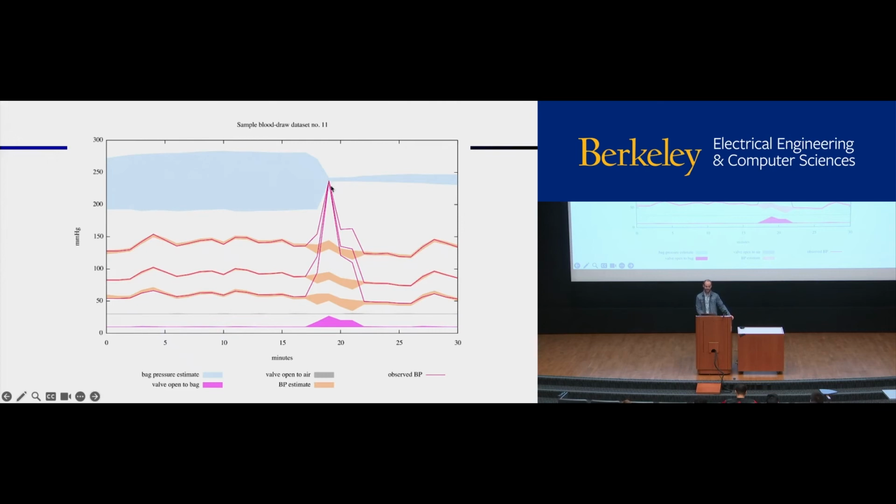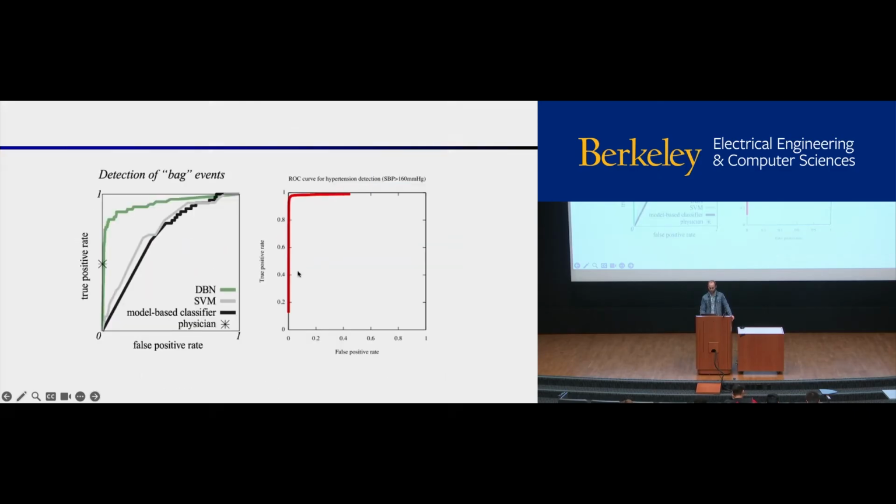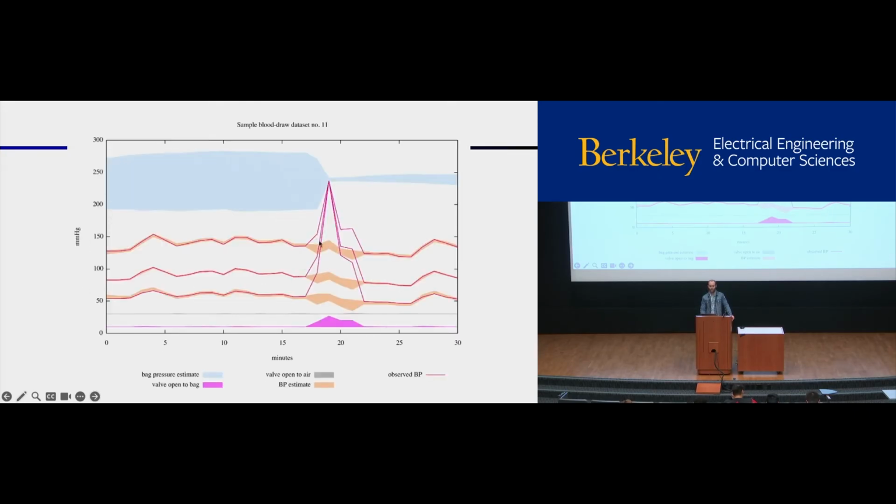But the dynamic Bayes net starts out unsure of what the bag pressure is, and then infers at this point that's probably the bag pressure, and the actual blood pressures are probably somewhere in here. We're probably not looking at the actual blood pressures with our observed blood pressures. And so it can tell that this is really probably what's going on.